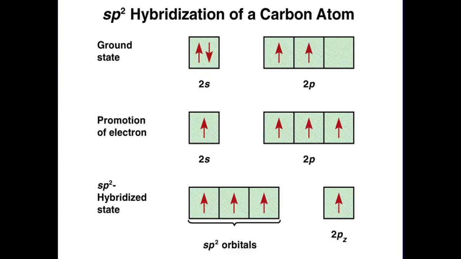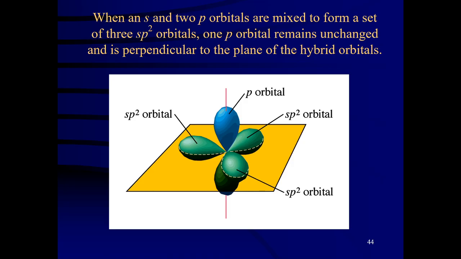So what you get is what is shown here. In the ground state of carbon, this is what you have. When it interacts, you get this. So you get three sp2 hybrid orbitals and one pz pure orbital. So the three sp2 orbitals are one like this, the other one here, and the other one here.